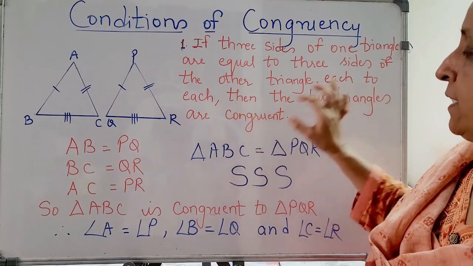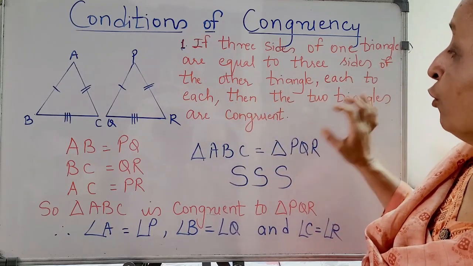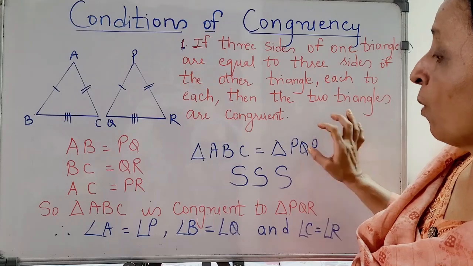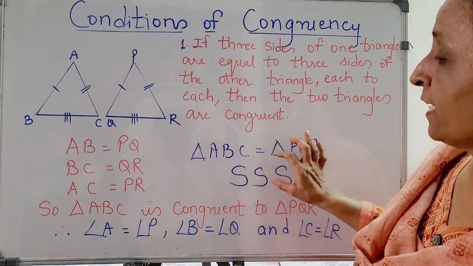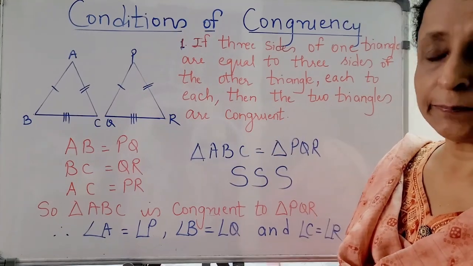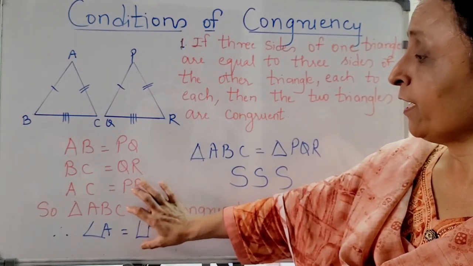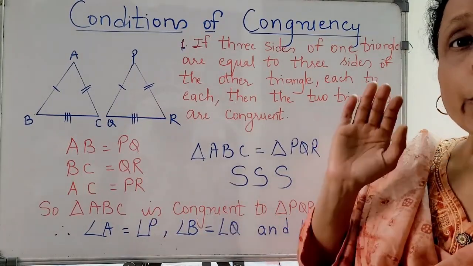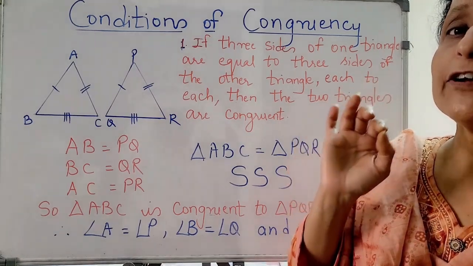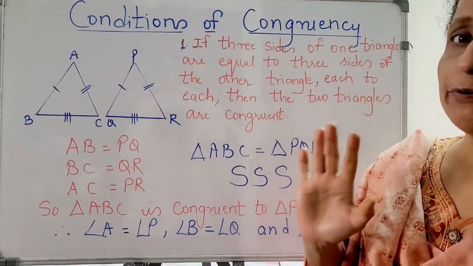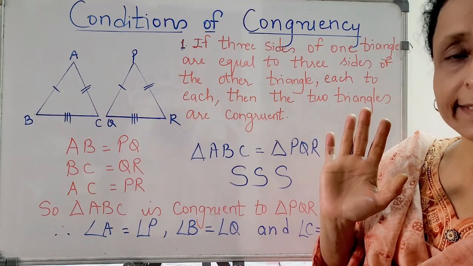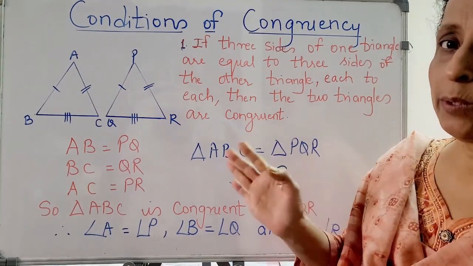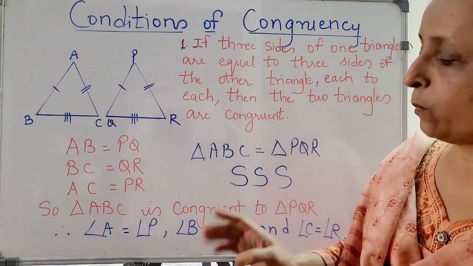Triangle ABC is congruent to triangle PQR by SSS test. When two triangles are congruent, you have proved by SSS test. Sides are equal, the triangles are equal.